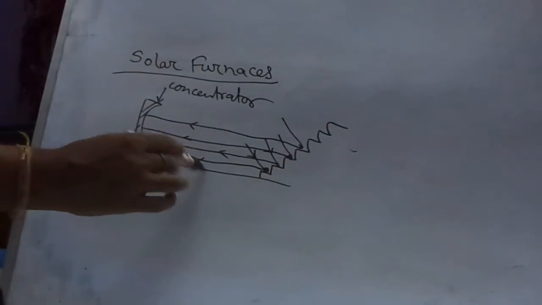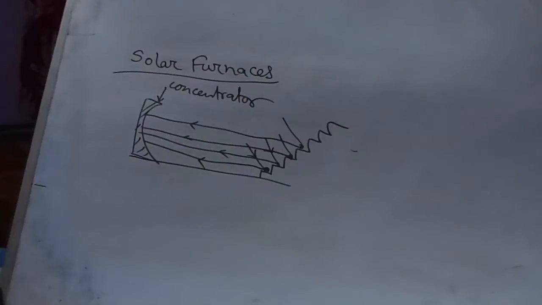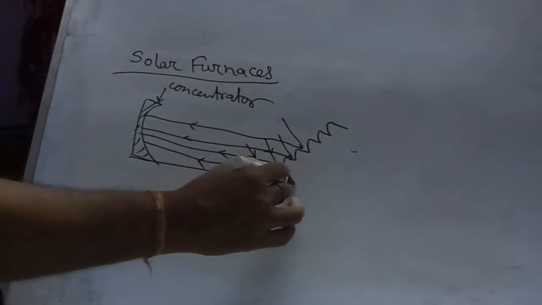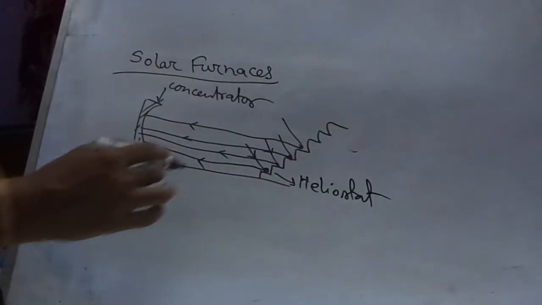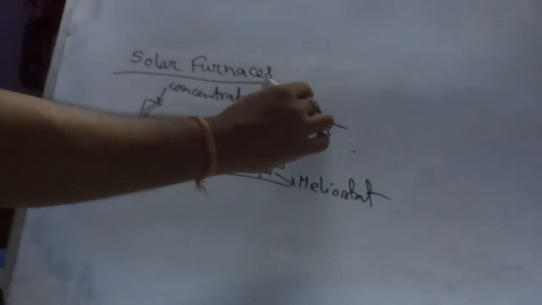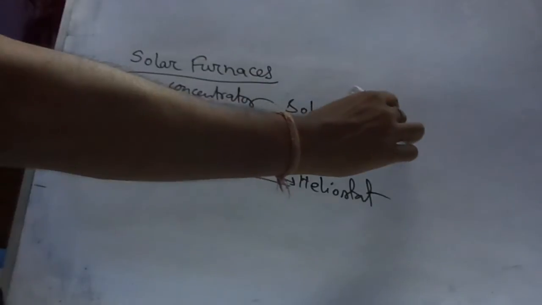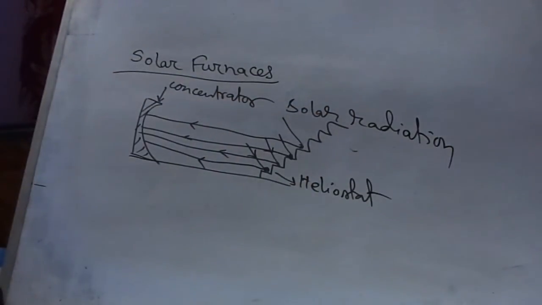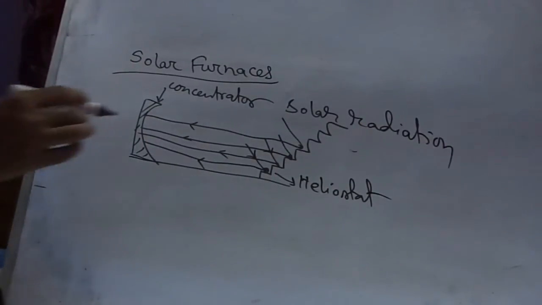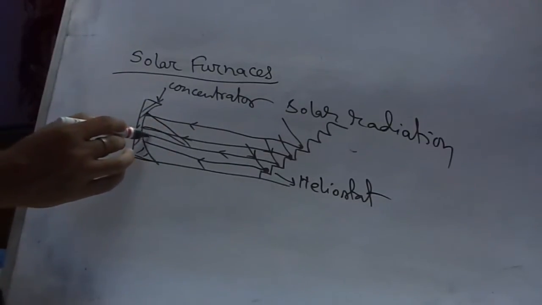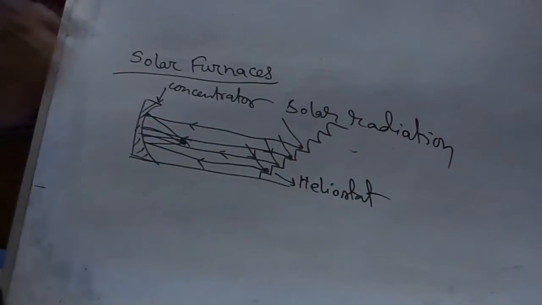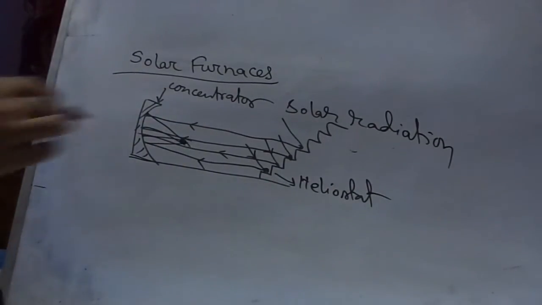So these are the solar radiation and the heliostats, and this one is the target specimen, after converging.